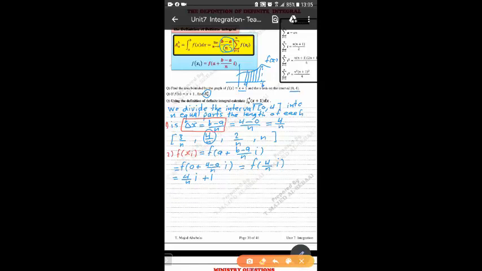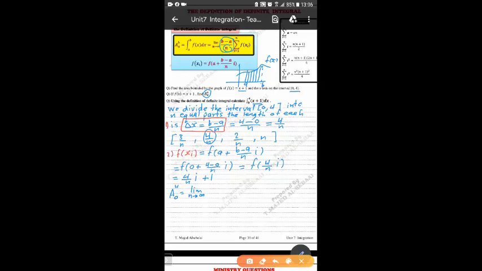Now I'm ready to find the area from 0 to 4. It equals the limit as n goes to infinity, because I will divide my interval into almost infinite parts. N approaches infinity.